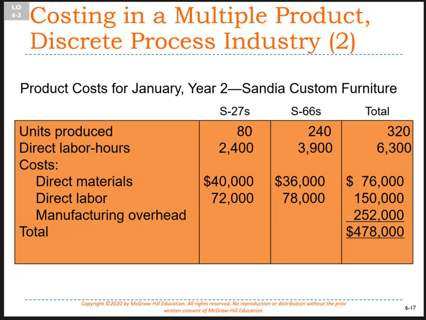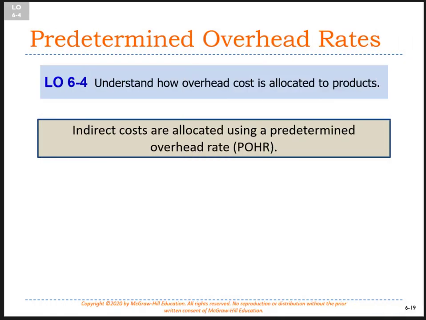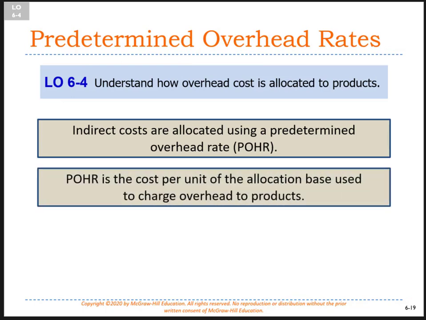So if we really want to know what it costs to make S27s or S66s, we need some way of allocating that $252,000. All right? So we've already allocated direct materials and direct labor, as is shown here. That's easy. Okay? So how do we do it with overhead?